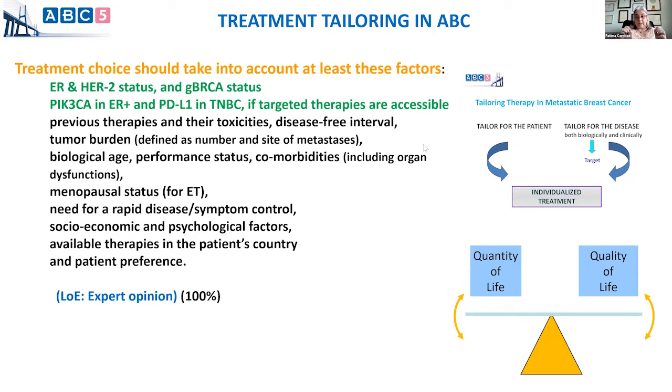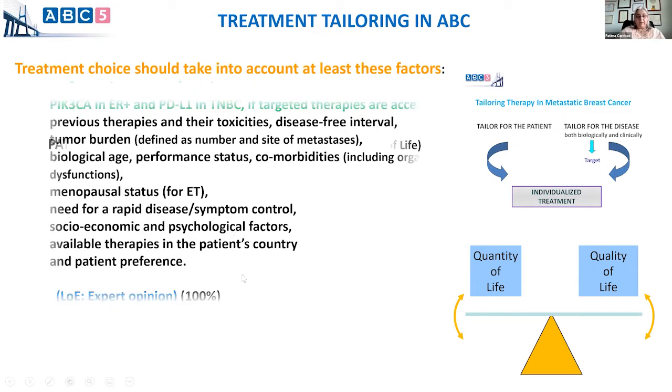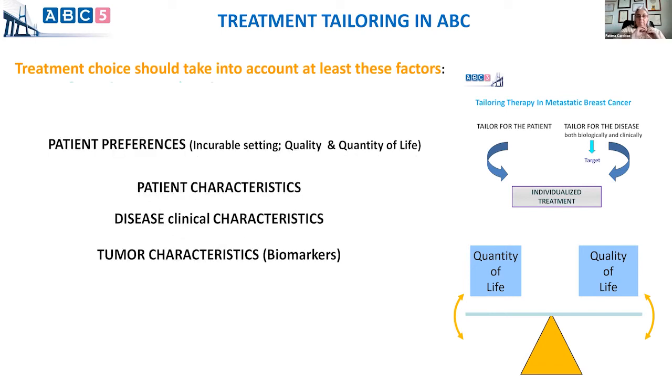But if you are treating a disease that is not curable and you need this balance between quantity and quality of life, this is a very personal balance. And so we have to discuss and decide for each patient individually. So you may summarize all these factors in patient preferences, patient characteristics, disease clinical characteristics, and tumor characteristics regarding biology and biomarkers.